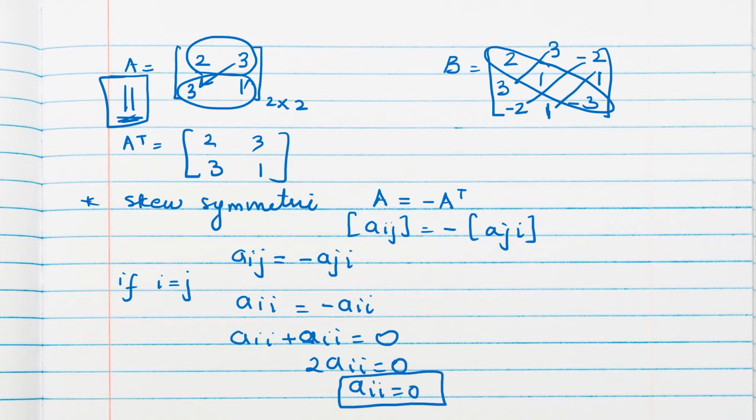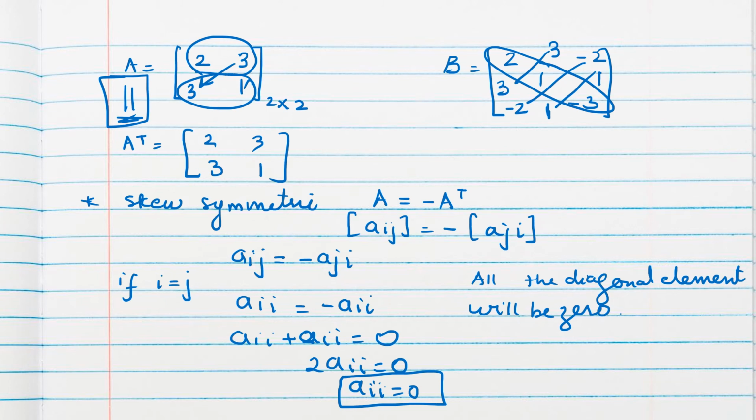What does it mean? This means i means 1, 1, 2, 2, 3, 3. That means all the diagonal elements should be 0. So while writing an example of skew symmetric, remember that diagonal elements should be 0.